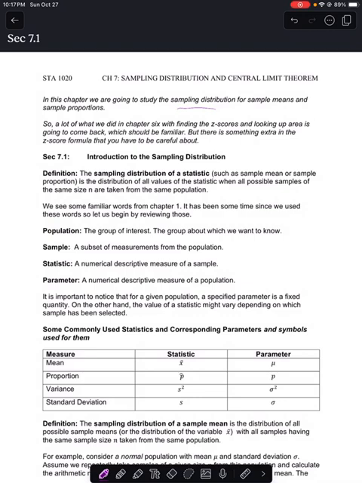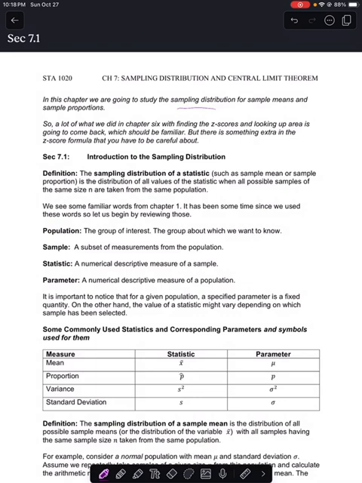Some of the common statistics and corresponding parameters and symbols used for them are given in this table. For the mean, the parameter is mu, which is the symbol we use for the population mean, and x bar is the symbol for the sample mean, the statistic. Then we have proportion.